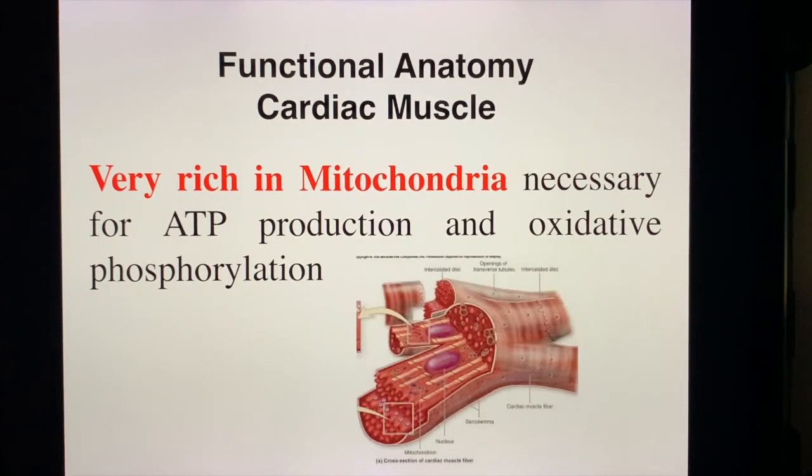Now, another pearl to remember regarding the cardiac muscle is that the cardiac muscle is very, very rich in mitochondria. Why? Because this is for ATP production. If you remember, the mitochondria is the powerhouse of the cell.